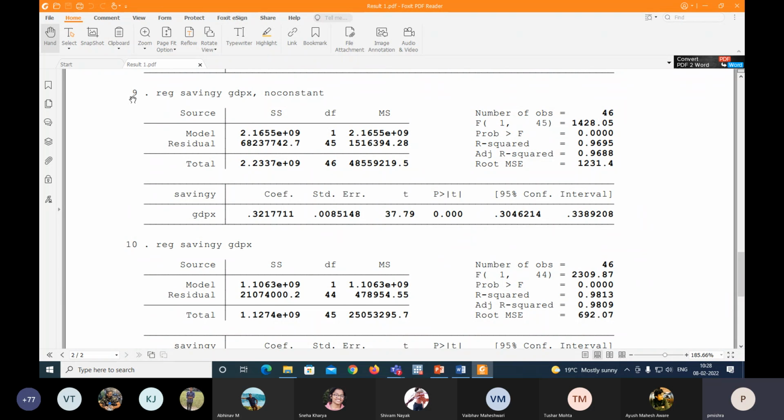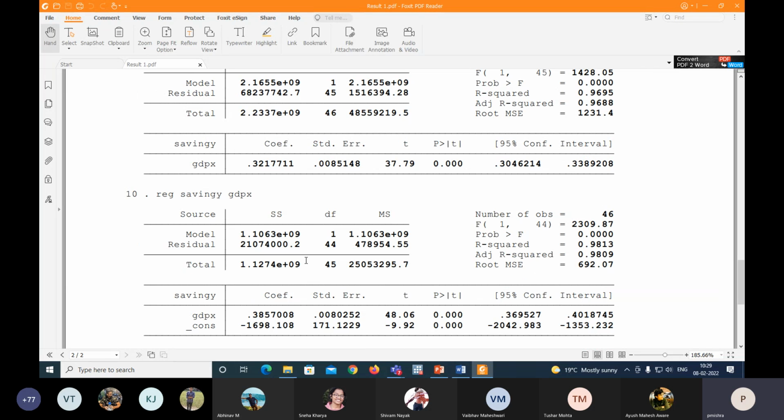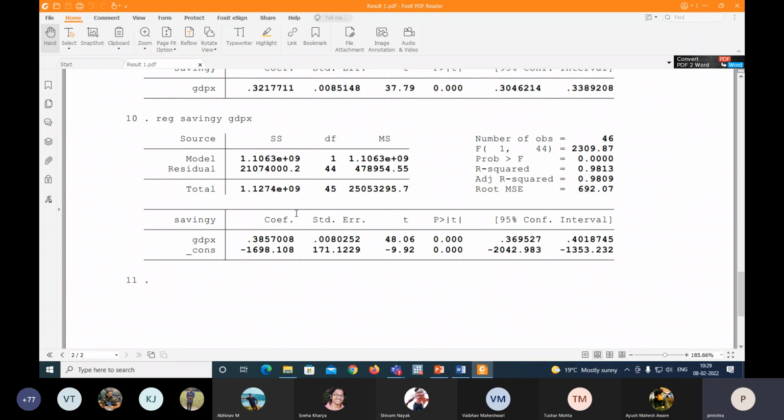Command number 9 is without intercept, and command 10 is with intercept. If you compare the results, you will see large scale differences, which we already discussed in yesterday's class.